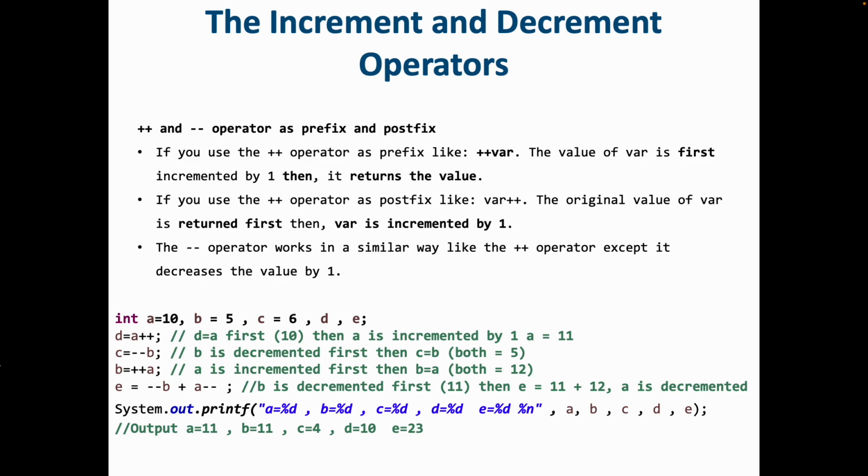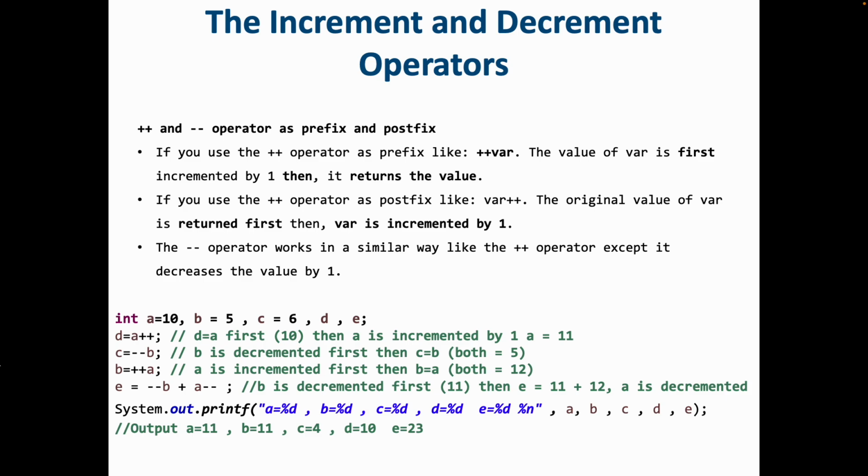So I first did this operation and then returned the value. Similarly, if I say b is equal to plus plus a, I will first increase a by 1. It was 11, so it will be 12. Then b will also be assigned 12. And now, what will this be? We first decrement b by 1. It was 12, so it will be 11.